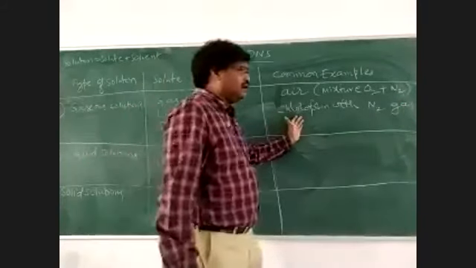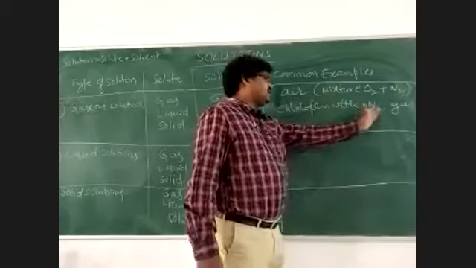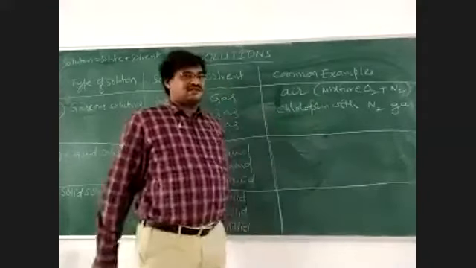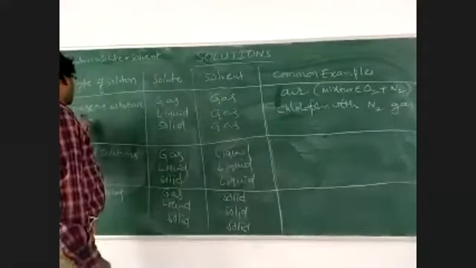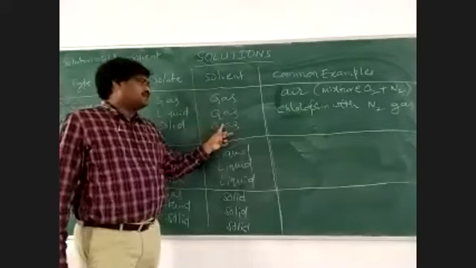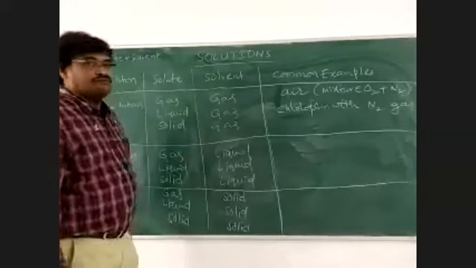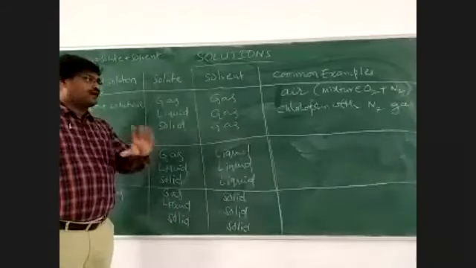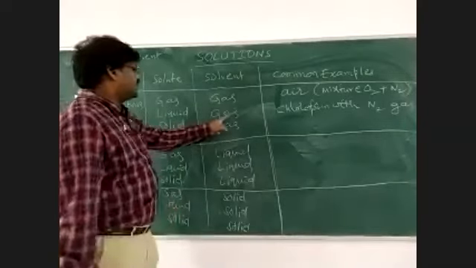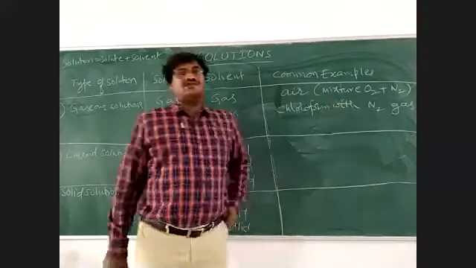Chloroform, which is a liquid, is mixed with nitrogen gas, forming a homogeneous mixture. Hence, it is termed as gaseous solution, since solvent is gas. Another example for liquid in gas is mists in air. Water droplets in the air are also an example of liquid in gas. The textbook example is chloroform with nitrogen gas.